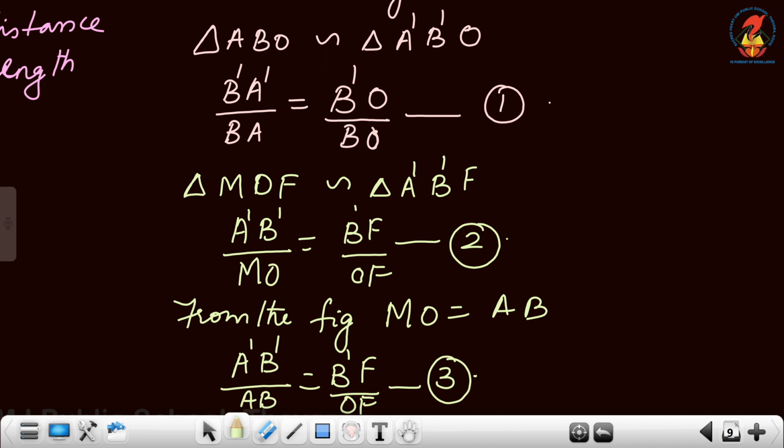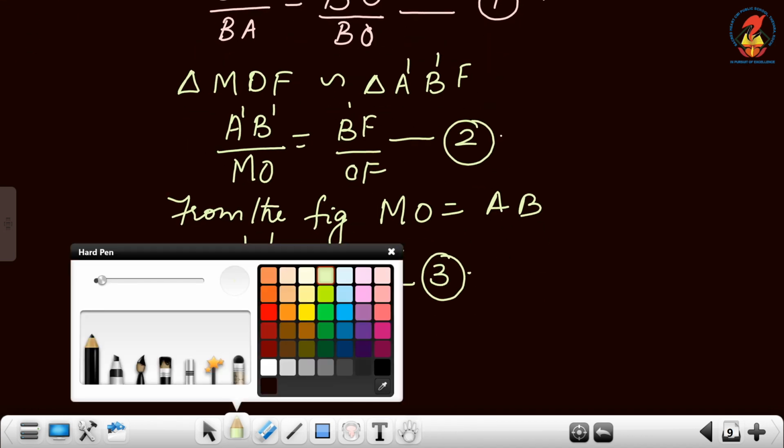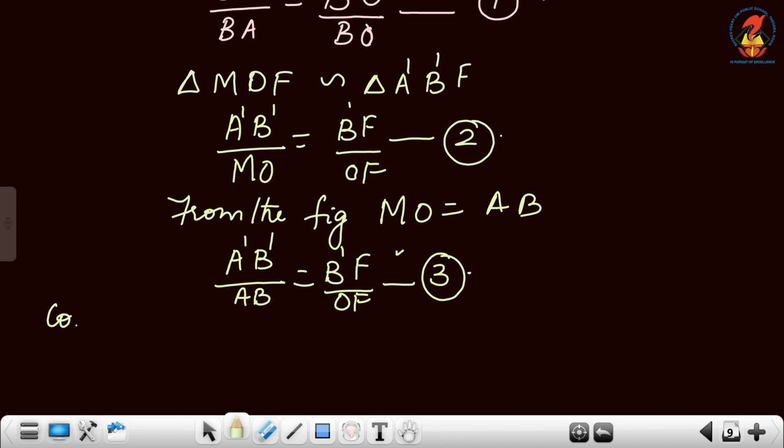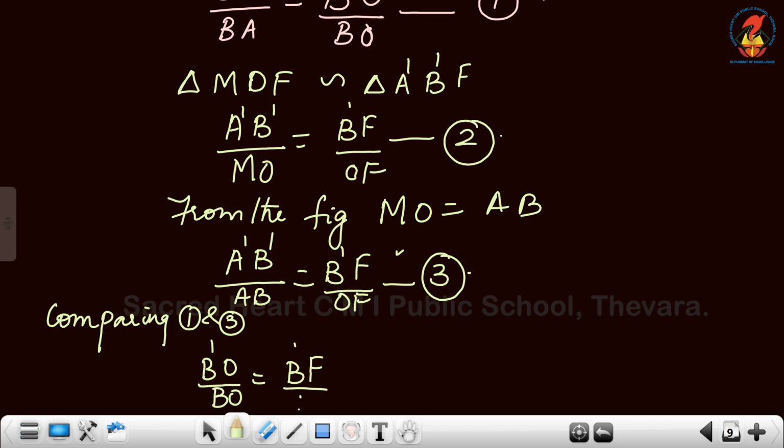So the left hand sides of equation 1 and 3 are the same. So comparing equation 1 and 3, we get B dash O divided by BO is equal to B dash F divided by OF.